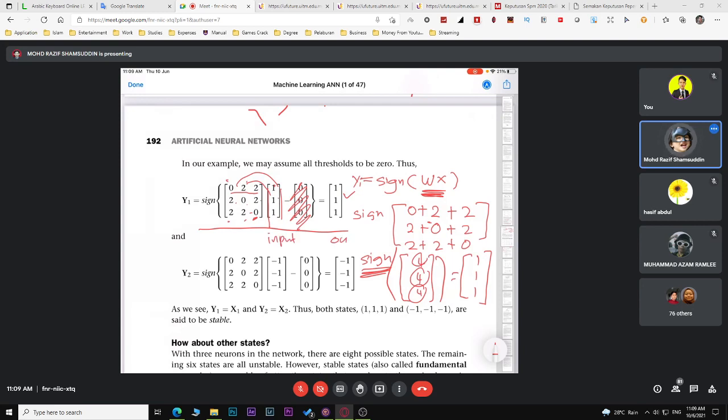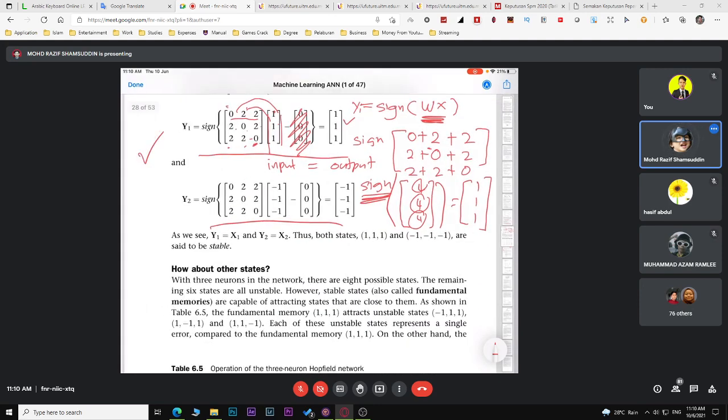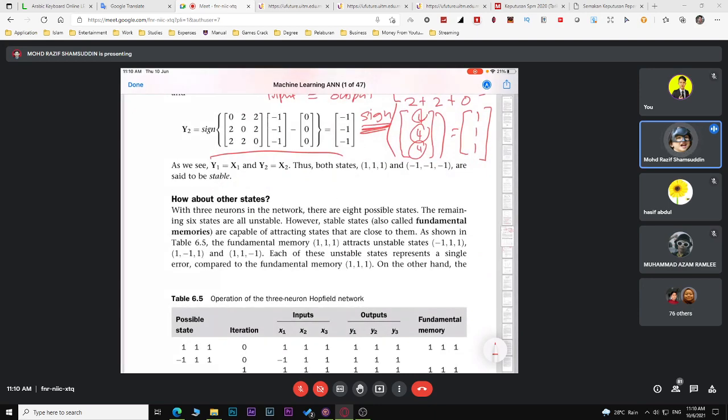Ini adalah output. So bila input sama dengan output, meaning that our testing phase is done. Okay, we have already done. Tapi kena buat dua-dua lah. Ni saya buat satu je. Okay, the next one is you have to check. Kira sendiri.